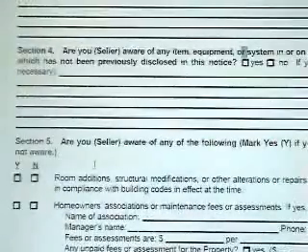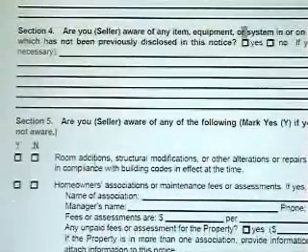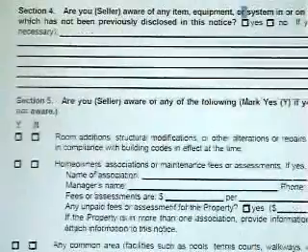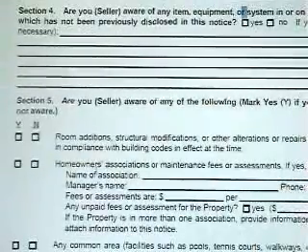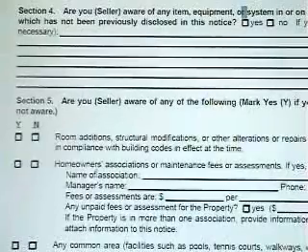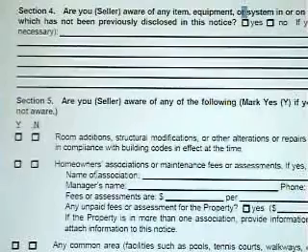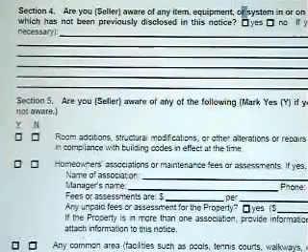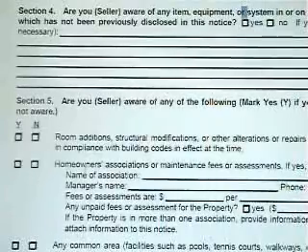Section 5 of the seller disclosure notice asks the seller simple yes or no questions. The first one: are there any room additions, structural modifications, or any alterations to any rooms, with or without a permit, on the particular property? The second one asks if there's a homeowners association on the property.